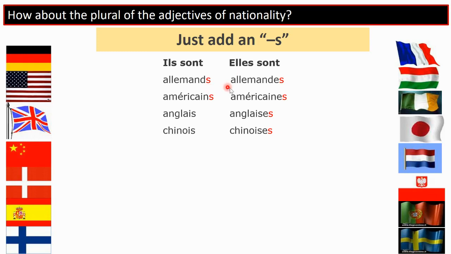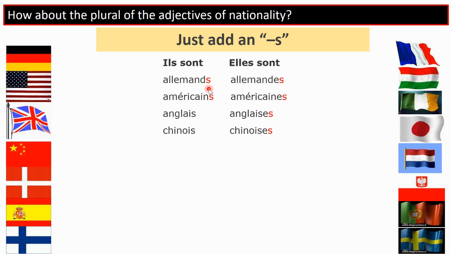Elles sont allemandes. So for a group of girls, okay, remember that you need the E to make it feminine and you add the S to make it plural. The pronunciation, you do not pronounce the S. It is mute. Listen to me again.